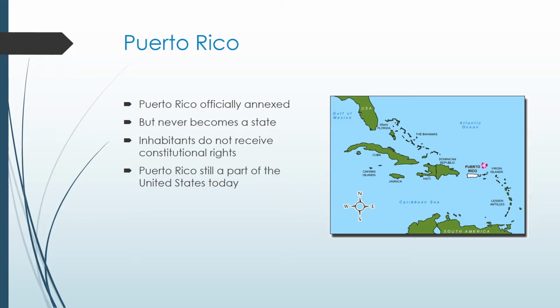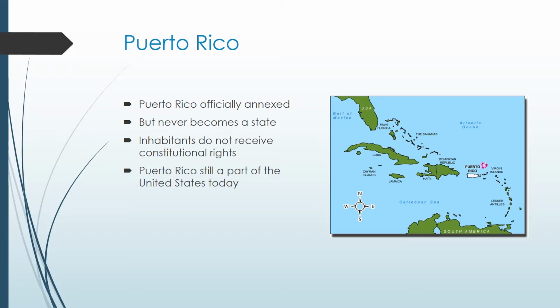So the first place we're going to look at is Puerto Rico. Puerto Rico is a medium-sized island in the Caribbean Sea, and the United States officially annexes it and makes it part of the United States. But Puerto Rico never actually becomes a state. In fact, today it's still part of the United States, but not a state. And the inhabitants of Puerto Rico do not really receive constitutional rights, at least not right away.